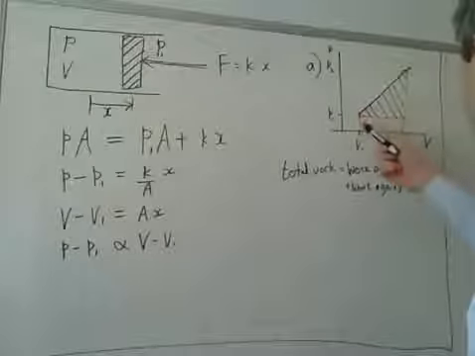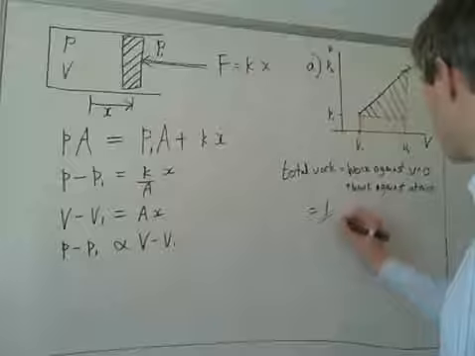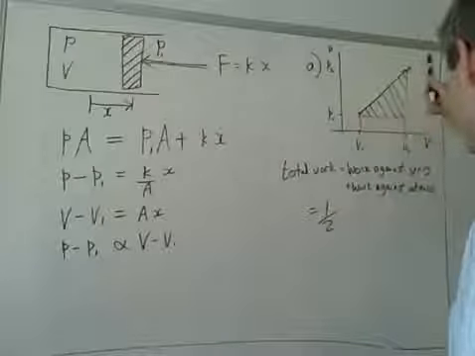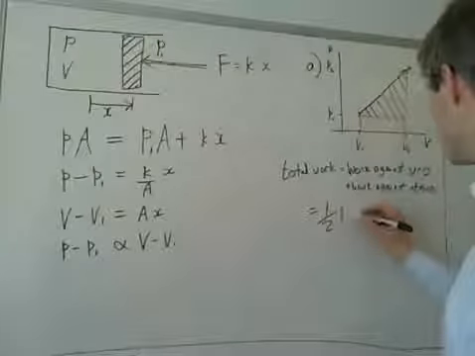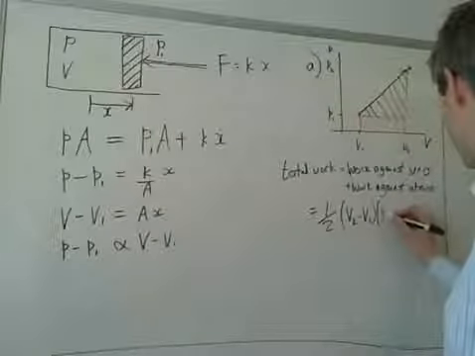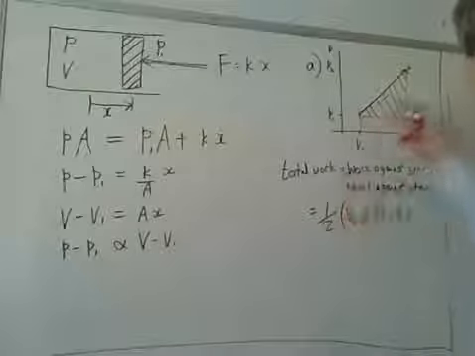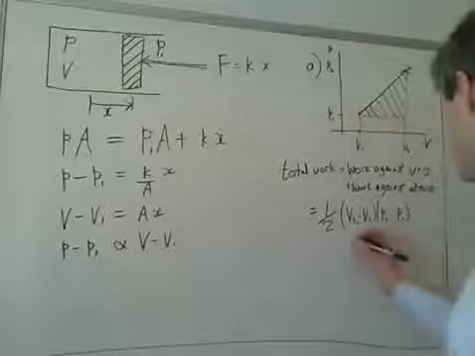The work against the spring is this triangle, and the area of a triangle is half times the base times the height. And the area of the rectangle is simply the base times the height.